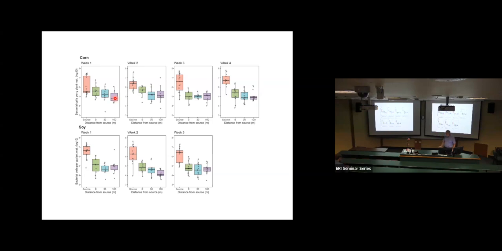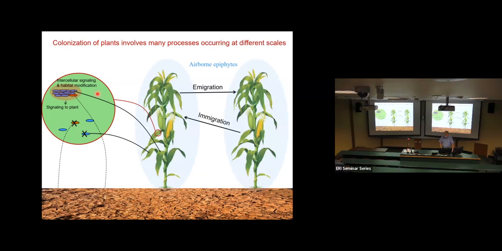And we see a very different pattern, that the bacteria on the edge of the field look a lot like the surrounding plants, and the ones on the inside look substantially different. So it would seem then that there really is a fairly large kind of biogeographical feature to the colonization, especially early in the development of these tissues.